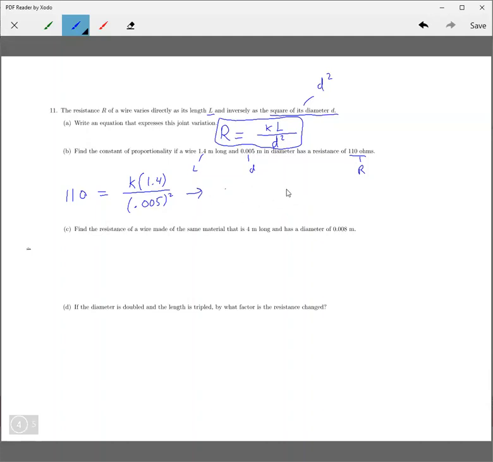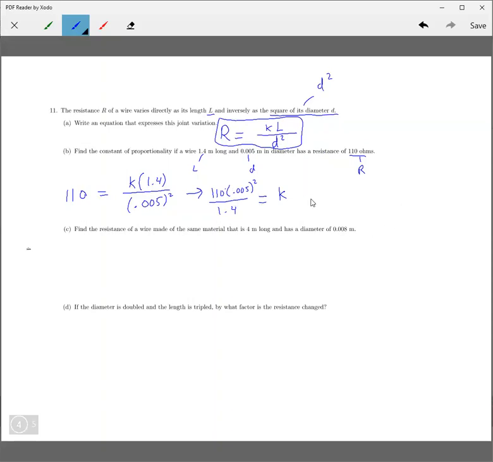Okay, so if I divide everything over to the other side, this 1.4 goes down in the numerator. 0.005 squared goes up into the numerator. Oh wait, I'm sorry, 1.4 goes to the denominator, like that.